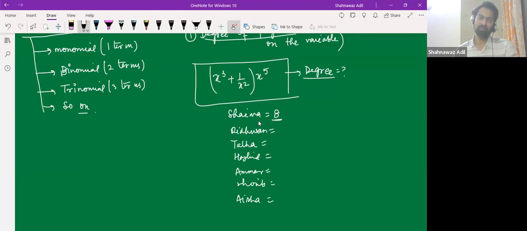So guys, tell me whether this is a polynomial, and if it is a polynomial, then what is the degree of this polynomial?